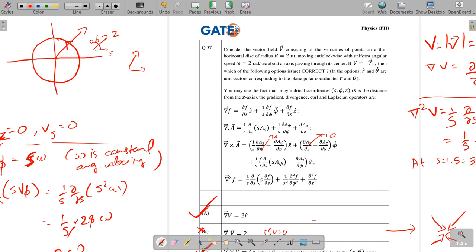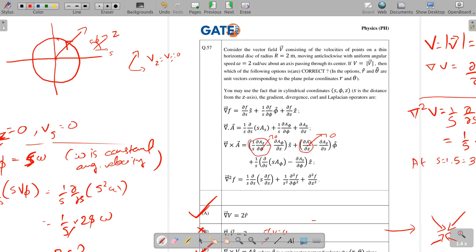So that means Vz and Vs are both 0, and you will get this is 0, and this will also go to 0.